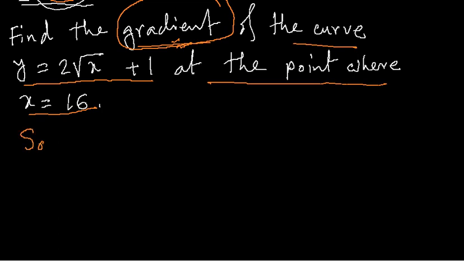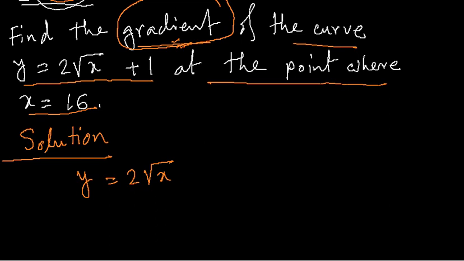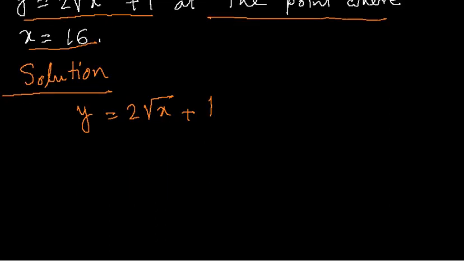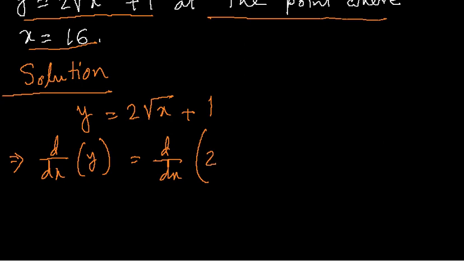Here is the solution. It is given that y equals 2 root x plus 1. To find the gradient, that is dy by dx, we will differentiate both sides of the equation with respect to x. So d/dx of y equals d/dx of 2 root x plus 1.